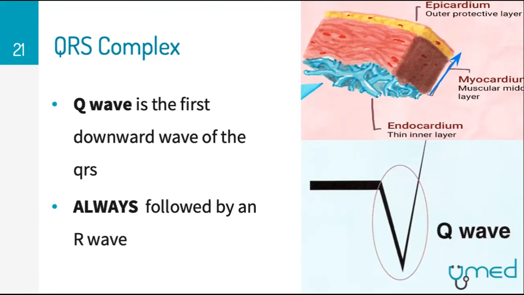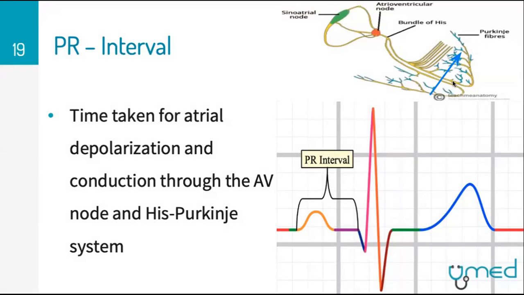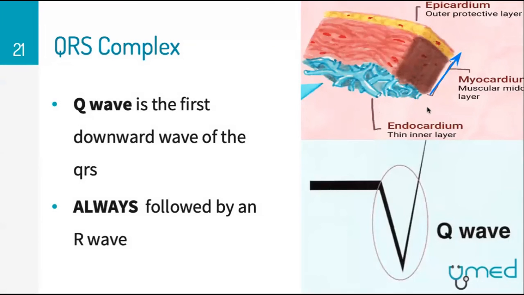So I was saying, remember here along the PR interval, we had the electrical impulse pass into the Purkinje fibers. The Purkinje fibers then move the electrical impulse to the inner layer of the heart, which is the endocardium. And then the depolarization continues further along this direction that you see the arrow to go to your myocardium and your epicardium, right?